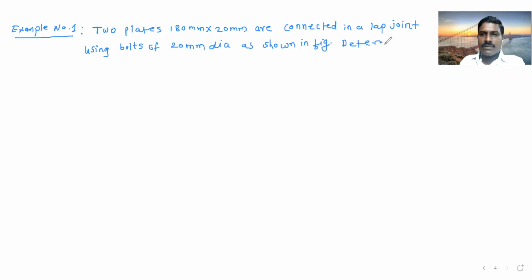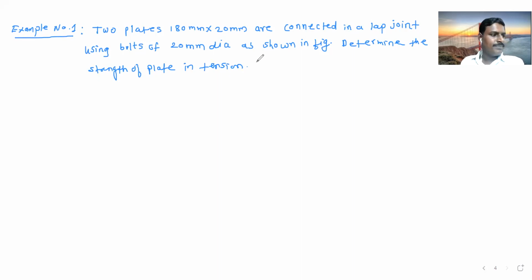Determine the strength of plate in tension.